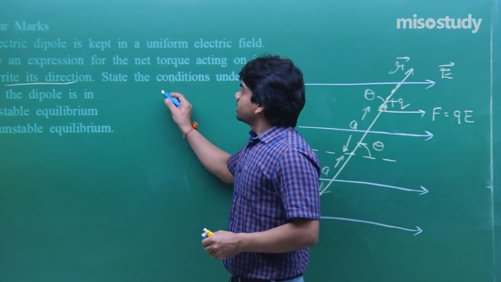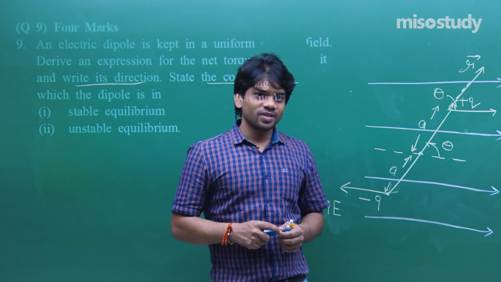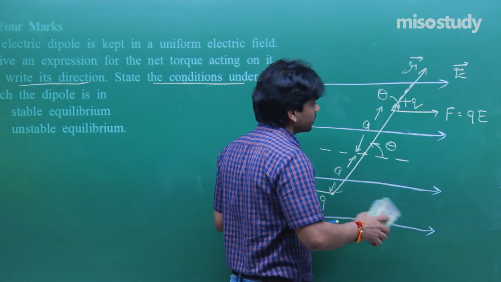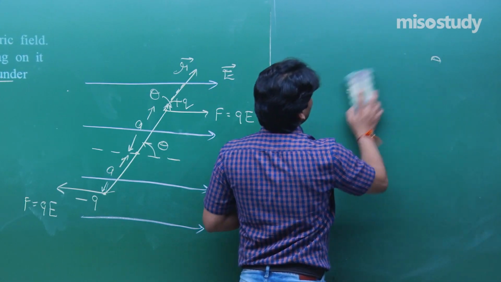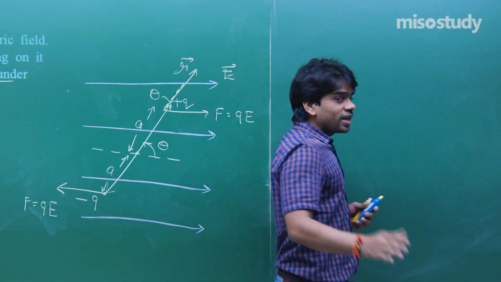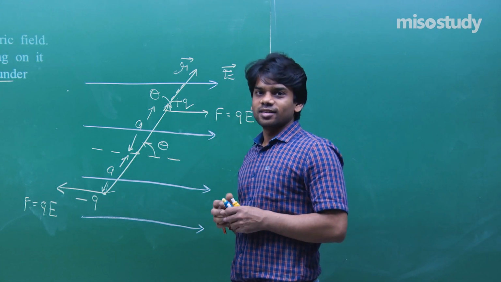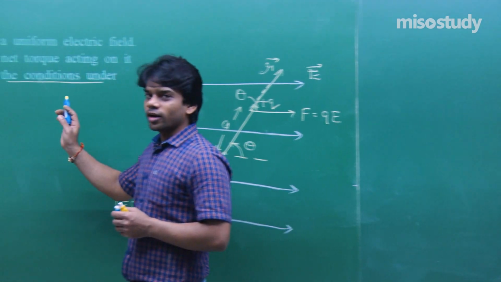State the conditions under which the dipole is in stable equilibrium, and unstable equilibrium. I hope you are remembering all these points. When the angle is 0, then you are going to get torque 0.